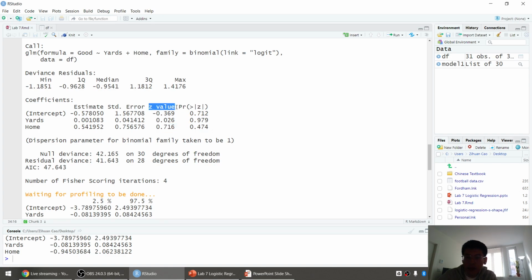The z value is, I think, a Wald z test, because we're not using the t test anymore.